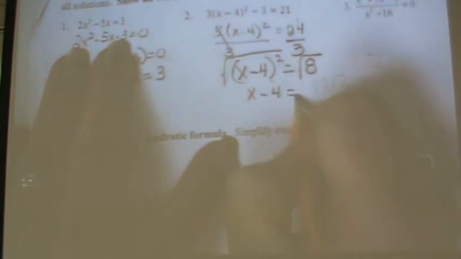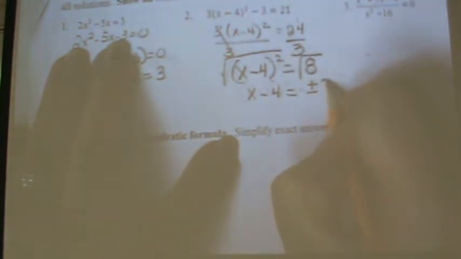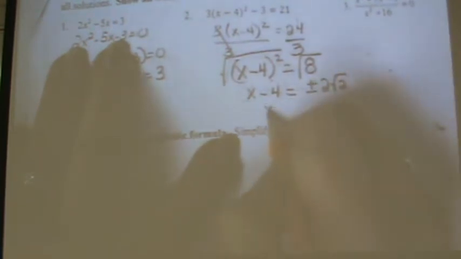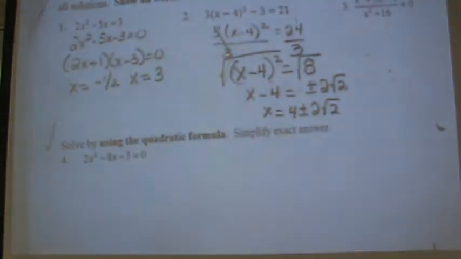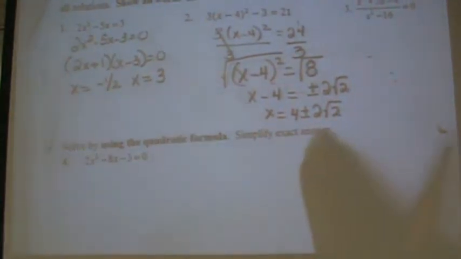Okay. Square root both sides. X minus 4 equals plus or minus 2 root 2. X is 4 plus or minus 2 root 2. That's your answer. That is an exact answer.